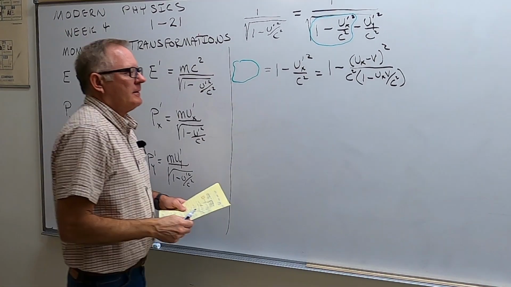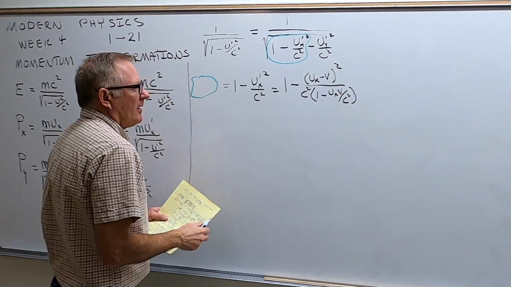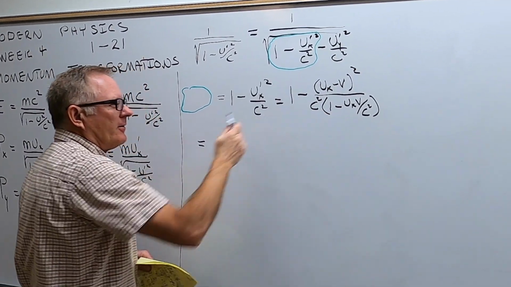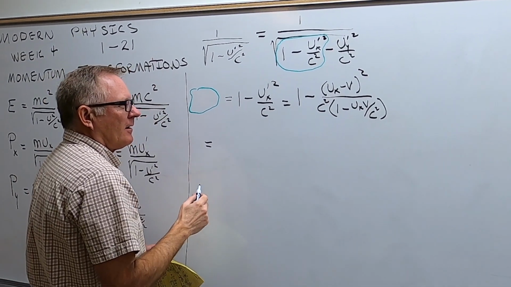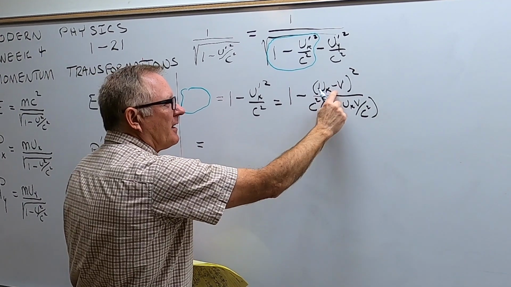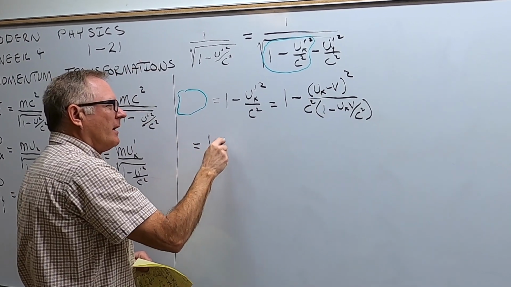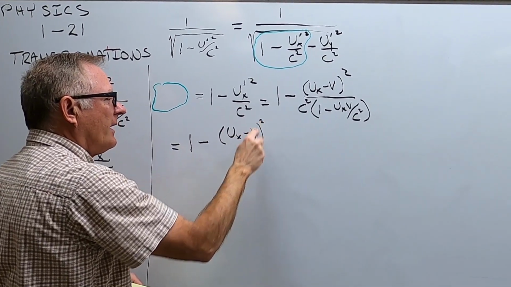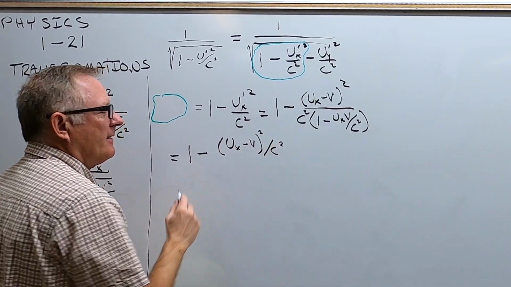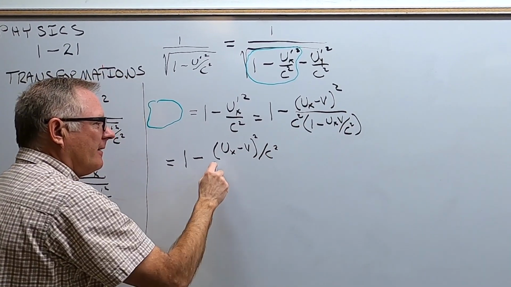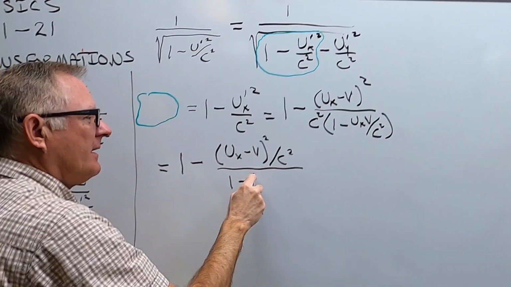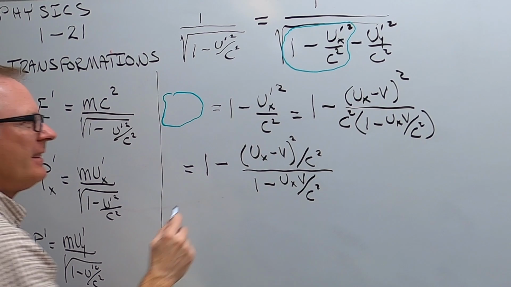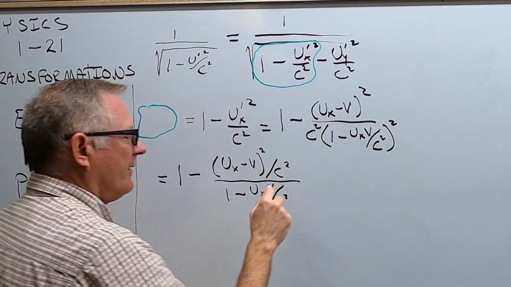Okay, then I think what we'll do is, I need a common denominator right here. So before I do that, I think I'll move the c squared up with this term. So we end up with 1 minus, this is ux minus v squared divided by c squared. So I just move that over to here. Divided by 1 minus uxv all over c squared, and I think that's squared too.